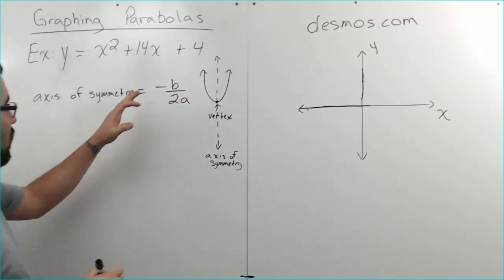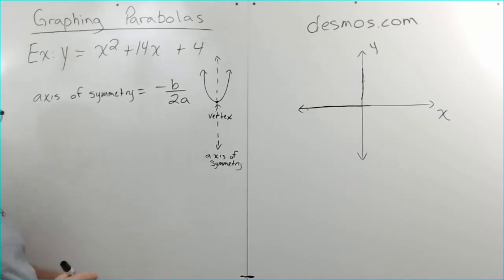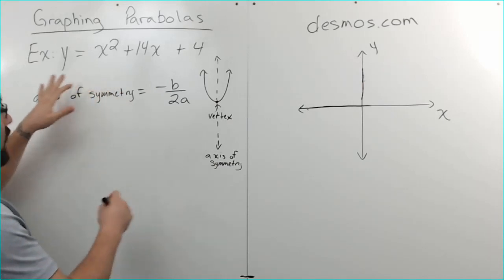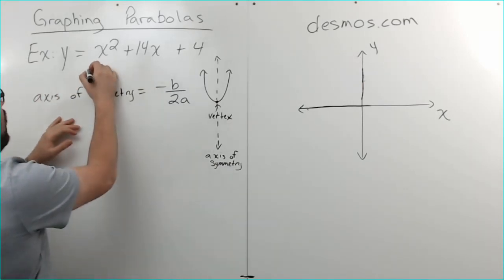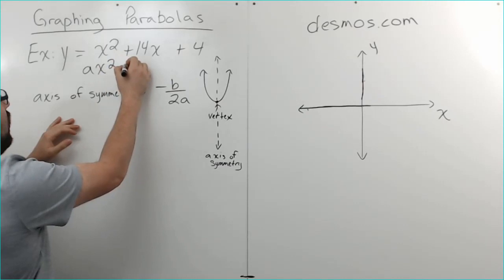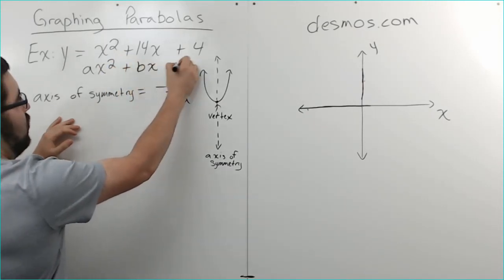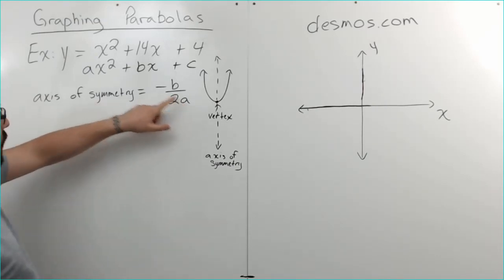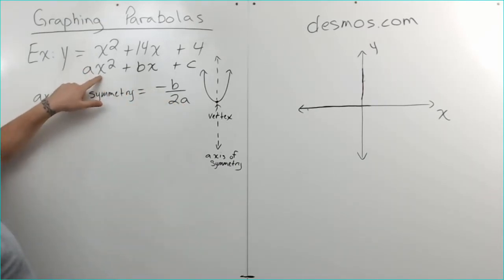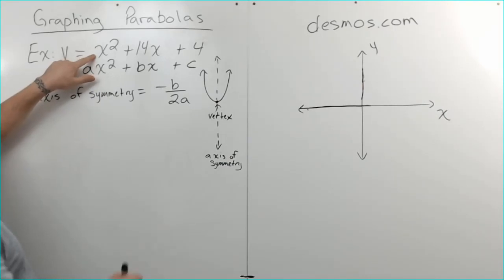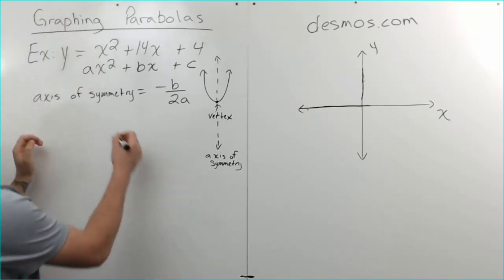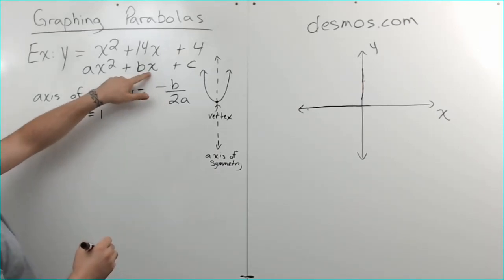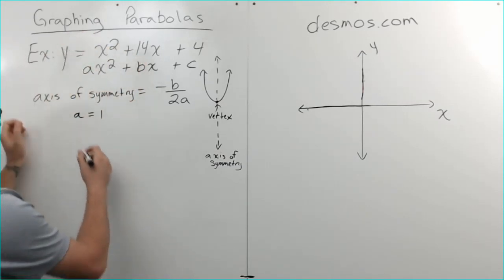Now if you're wondering what the b and the a mean, look up the standard form of a parabola and you will see that it is ax squared plus bx plus c. So the a refers to whatever the coefficient is in front of x squared. In this case we just have x squared, so that means you have a 1 in front of it. And b is whatever coefficient is in front of the x, which in this case is 14.